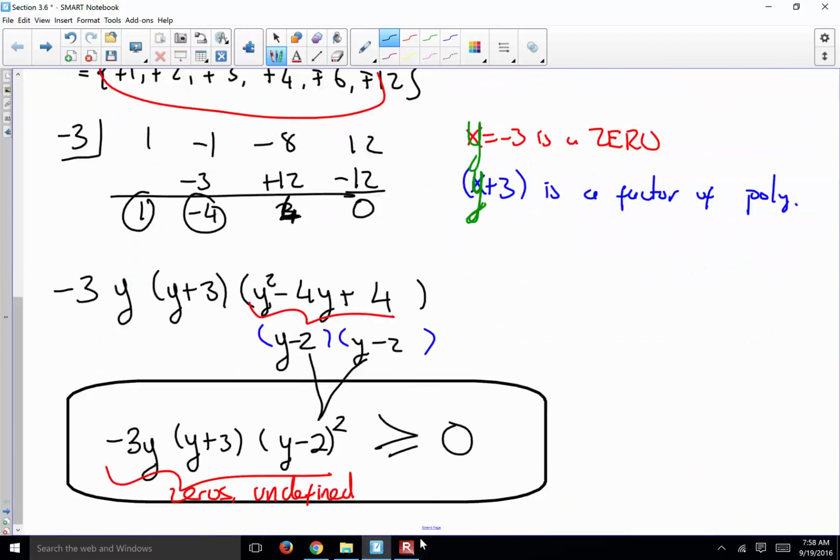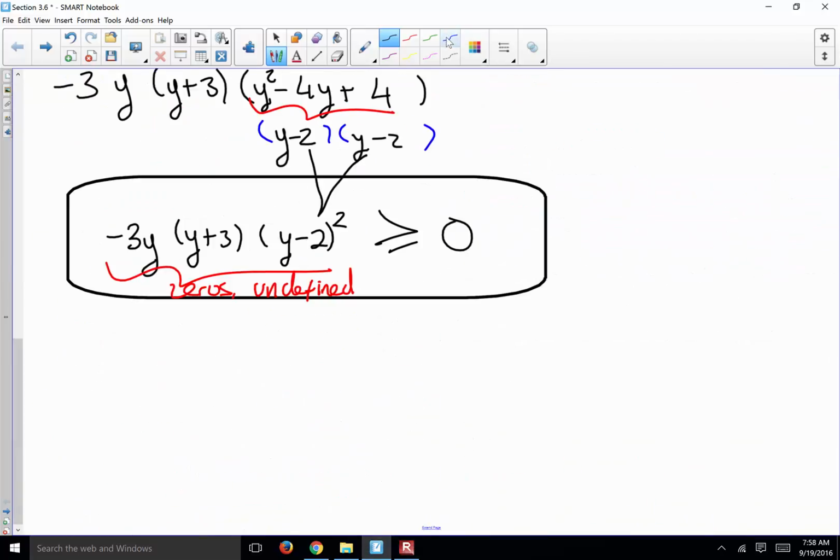Okay. Here we have only zeros. What are those zeros? Minus 3 from this, and 2. Is that all? Do we have only 2 zeros? I missed one. What is it? 0 as well.